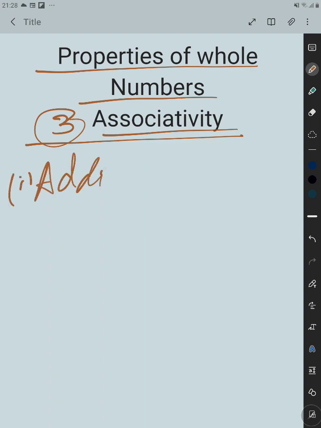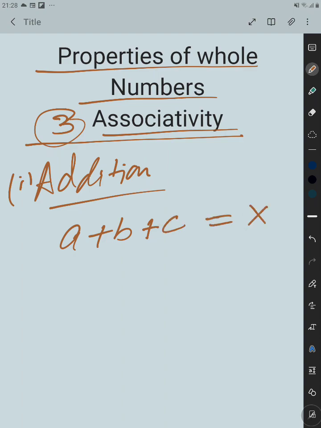Say a plus b plus c has some result x. If a plus b are added first, and then c is added to the sum of a plus b, the result is x.